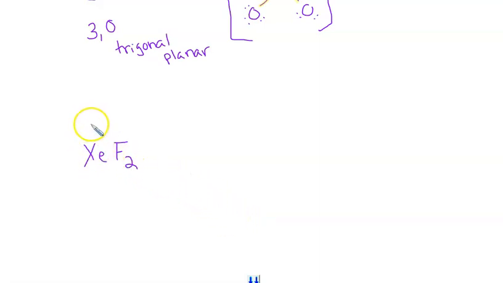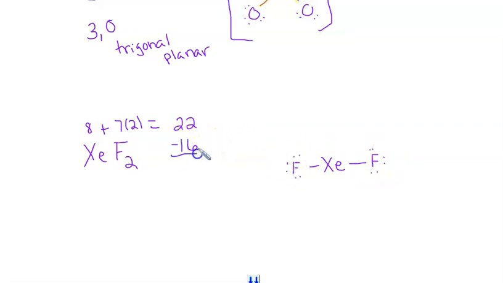Alright, so xenon valence is 8, fluorine is 7 times 2, so it's 14 plus 8 is a total of 22 electrons. Xe in the middle, going to surround it by some fluorines. I'm going to give those outside guys 8. 6 dots in a line. 8 plus 8, 16. 22 minus 16 is 6.